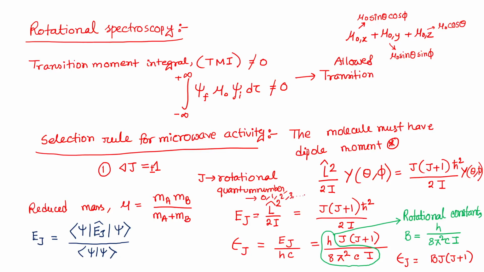First of all, J equals 0 is your zero point energy, and that is going to be 0, because EJ is B into J into J plus 1. So when J equals 0, your energy becomes 0.